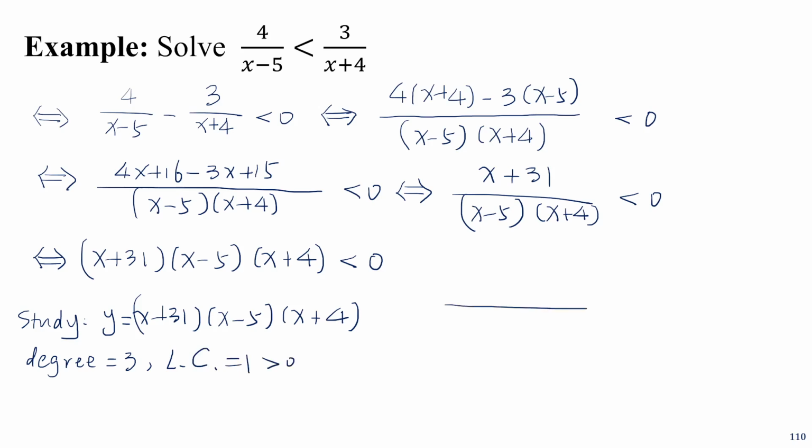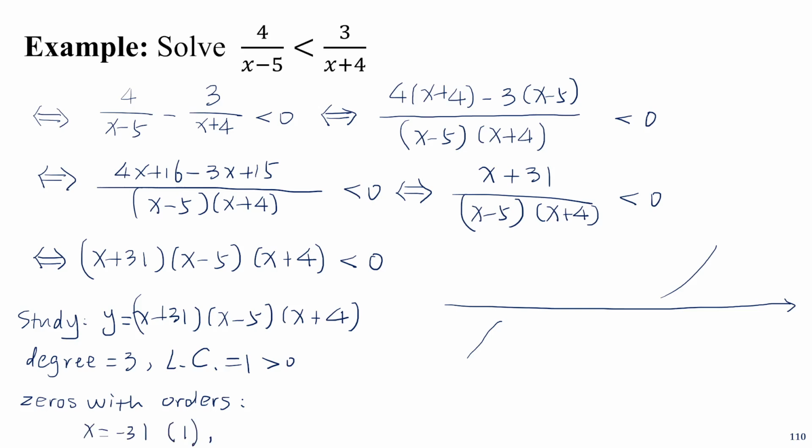So we know the end behavior of such a polynomial function is extending from the third quadrant to the first quadrant, right? Then let's find its zeros with orders to decide its behavior in the middle. Zeros with orders, which are x equals negative 31 with order 1, so I'll just put 1 here, okay? And x equals 5 with order 1, x equals negative 4 with order 1, right?